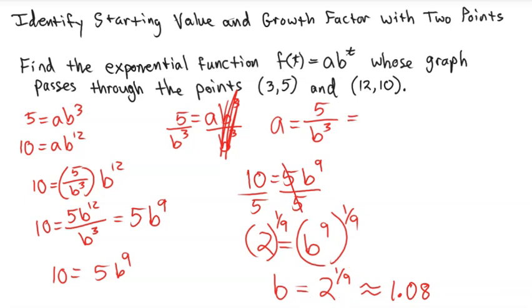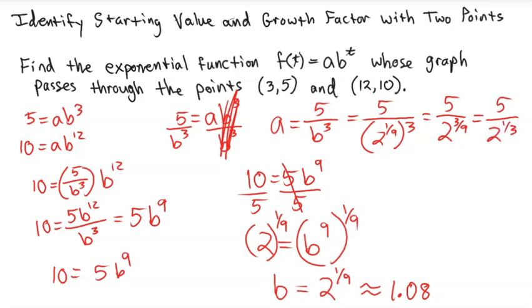So now a is going to be equal to 5 over, and then b is 2 to the 1/9 power to the power of 3. Now, 2 to the 1/9 to the power of 3 is the same thing as 5 over 2. Well, 3 times 1/9 is 3/9, and 3/9 is the same thing as 1/3. So we have 5 over 2 to the 1/3 power.